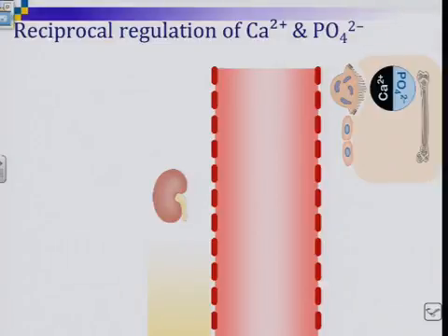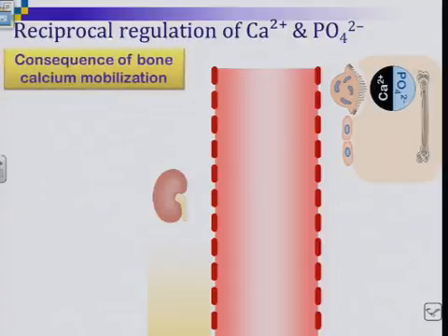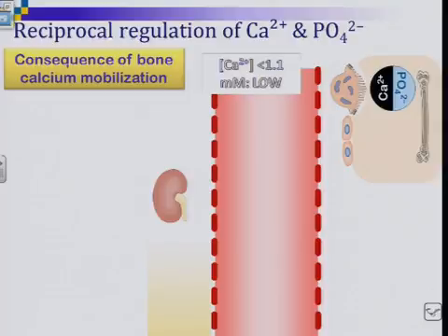So why are calcium and phosphate reciprocally regulated? All right, so here is a bone, and this little circle here is meant to symbolize hydroxylapatite. Here's our osteoblast and osteoclast, and here, of course, is a kidney and bloodstream. This reciprocal regulation is a consequence of mobilizing calcium from the bone.